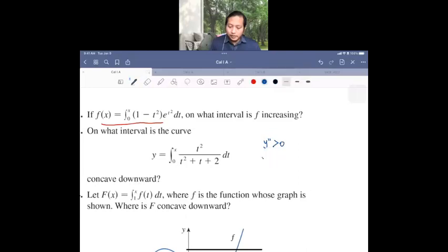If you have positive, it means it's concave upwards. If negative, it's concave downwards. So we need to find where the second derivative is negative.